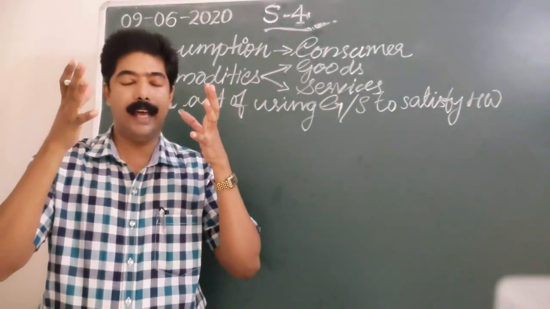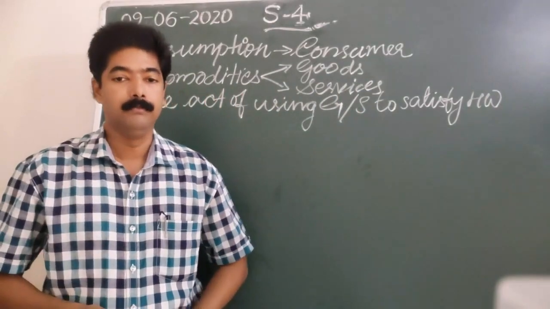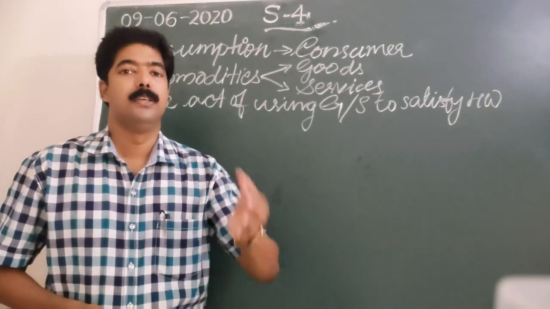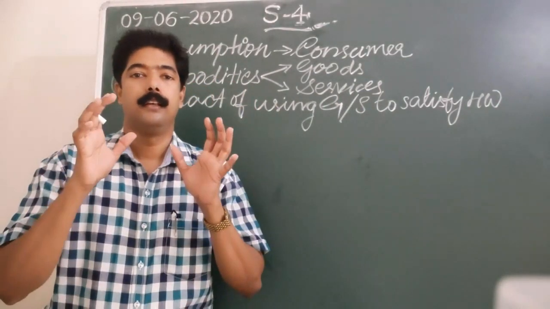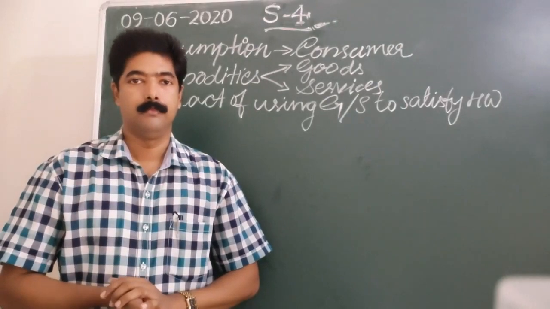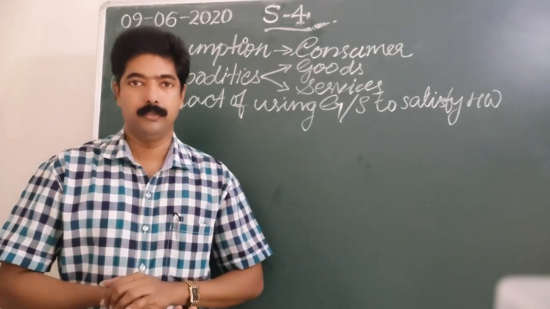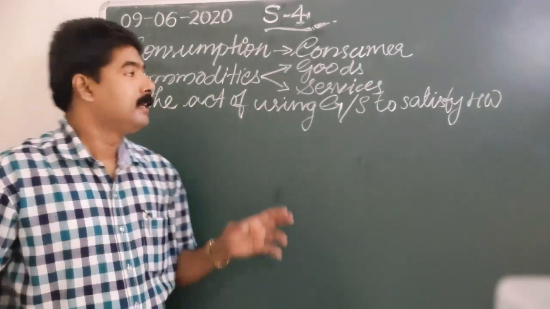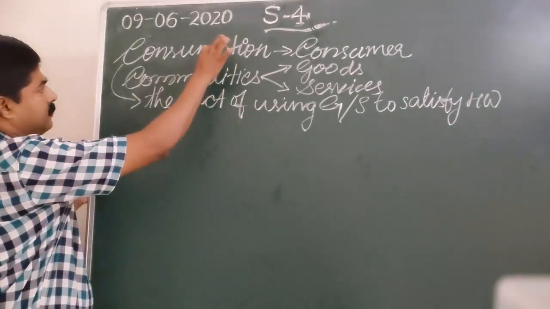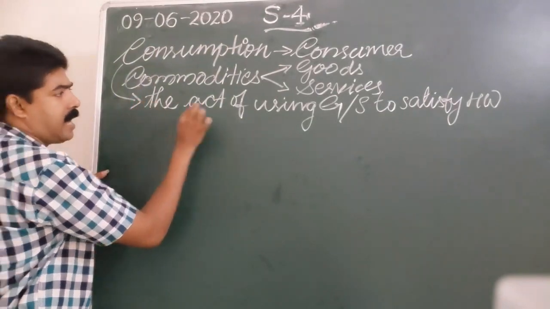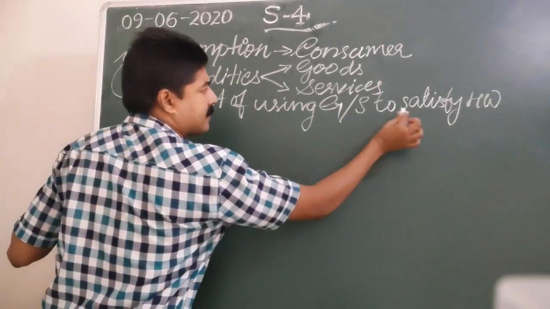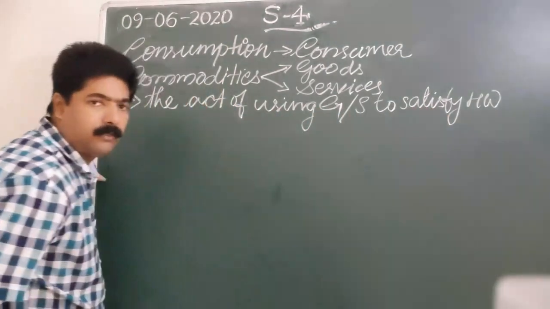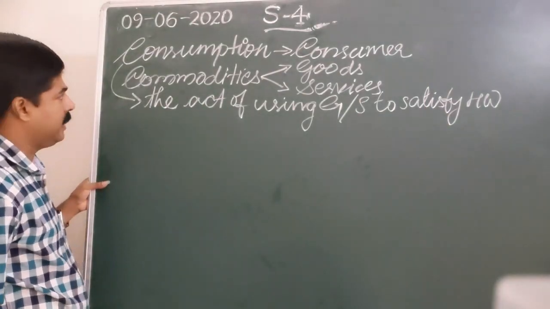Consumption is the act of using goods and services to satisfy human wants. I think it is clear to you. So we have discussed the first concept, consumption. The act of using goods and services to satisfy human wants is called consumption.